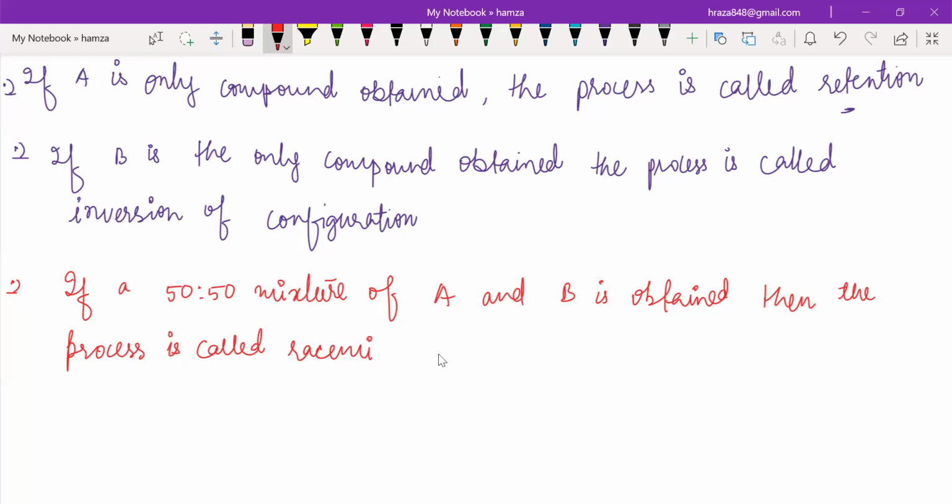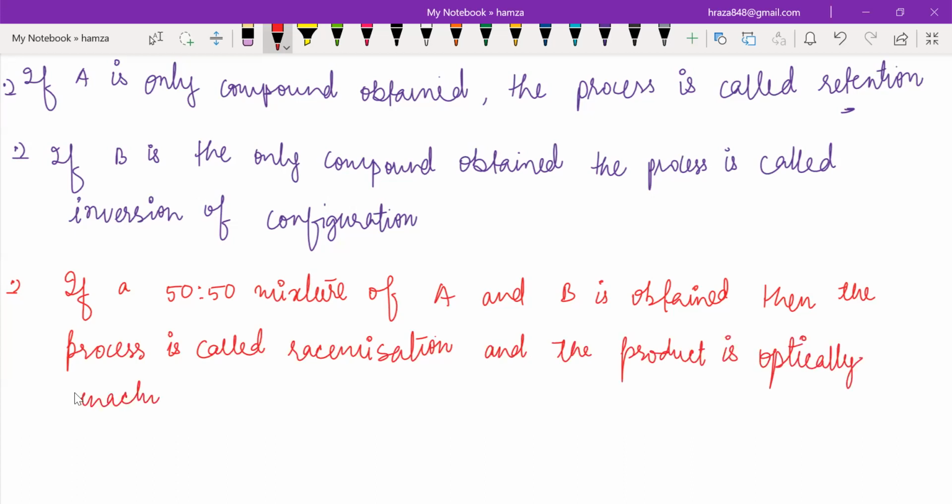The product is optically inactive. Why are they optically inactive? One will have D rotation and one will have L rotation. Rotation will be zero. That's why they are optically inactive. Is that clear? Yes, sir.